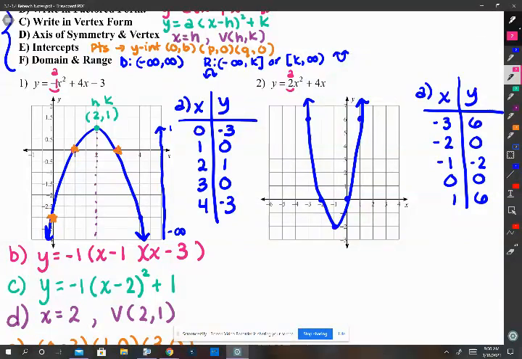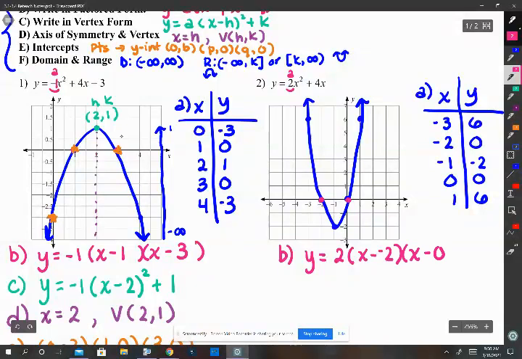So when I go to write my equation in vertex form, remember that I need that a value. So I'm going to have y is equal to 2, and then we are looking at where it crosses the x-axis. So it crosses at x, and it's -2, so it's x minus -2, and then x minus 0.